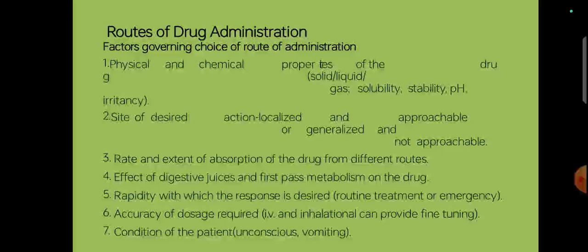Rate and extent of absorption of drug from different routes. Effect of digestive juices and first pass metabolism on the drug. Rapidity with which the response is desired, routine treatment or emergency. Accuracy of dose required, IV and inhalation can provide fine tuning. Condition of the patient: unconscious and vomiting.